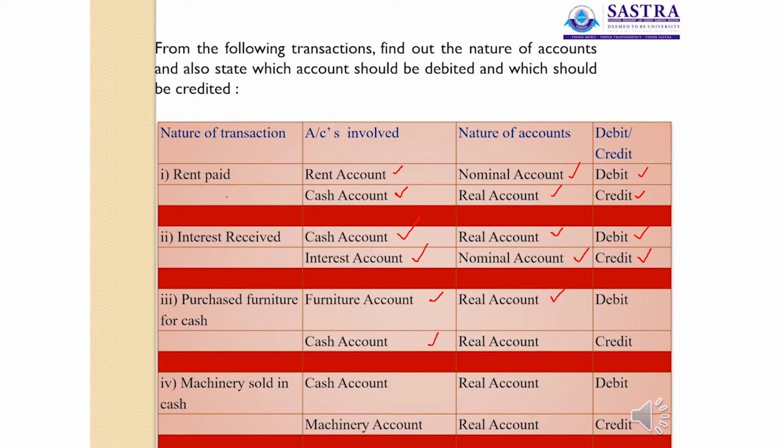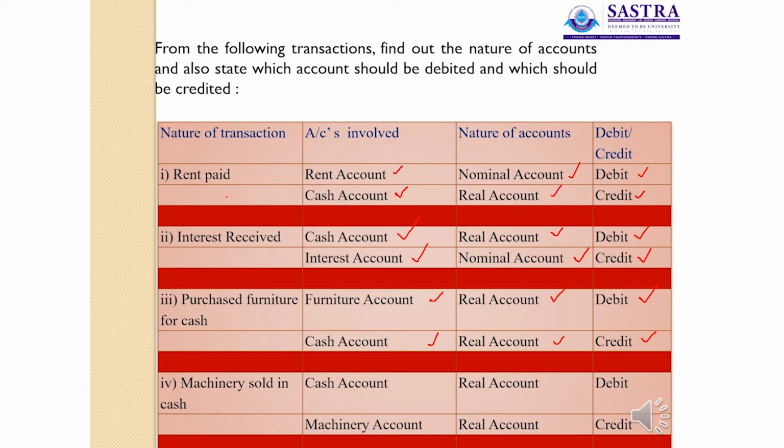Cash account is a real account. Both are real accounts. Now you have to apply the rule for real account. Debit what comes in. Furniture comes into the business, so that account will be debited. Credit what goes out. Cash goes out of the business, so that account will be credited. So here furniture account debit to cash account credit.